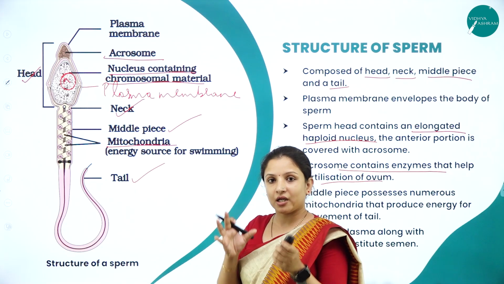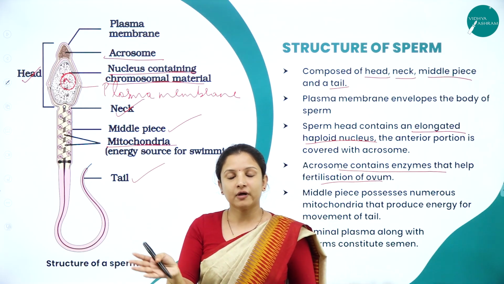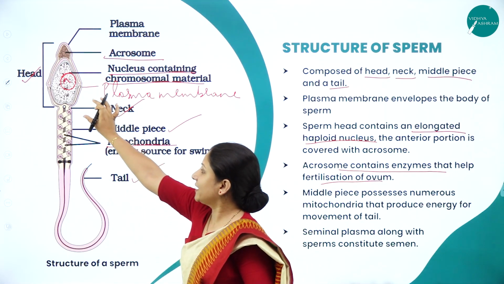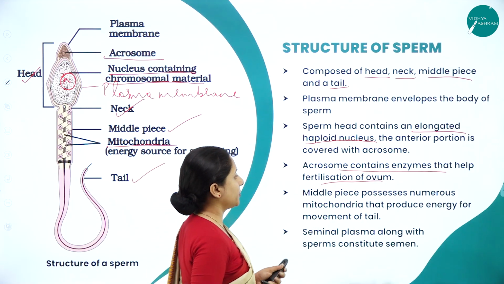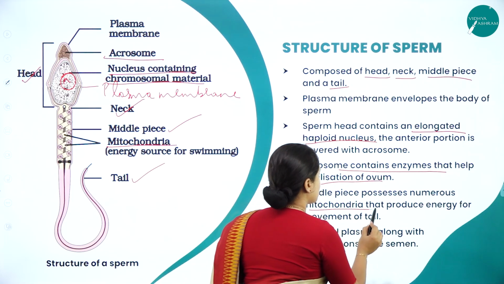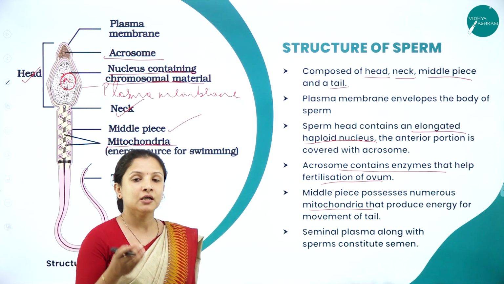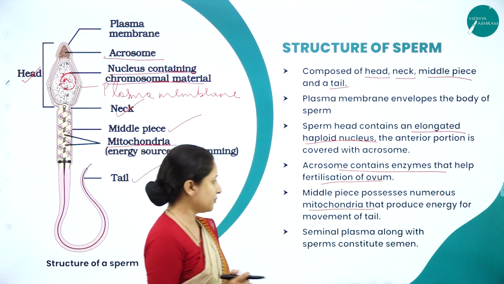The energy required for the tail of the sperm to move is provided by the mitochondria which is present entirely in the middle piece. So that is the function. The middle piece possesses numerous mitochondria that produce energy needed for the movement of the tail so that the sperm can go to the ova and fix itself there properly.